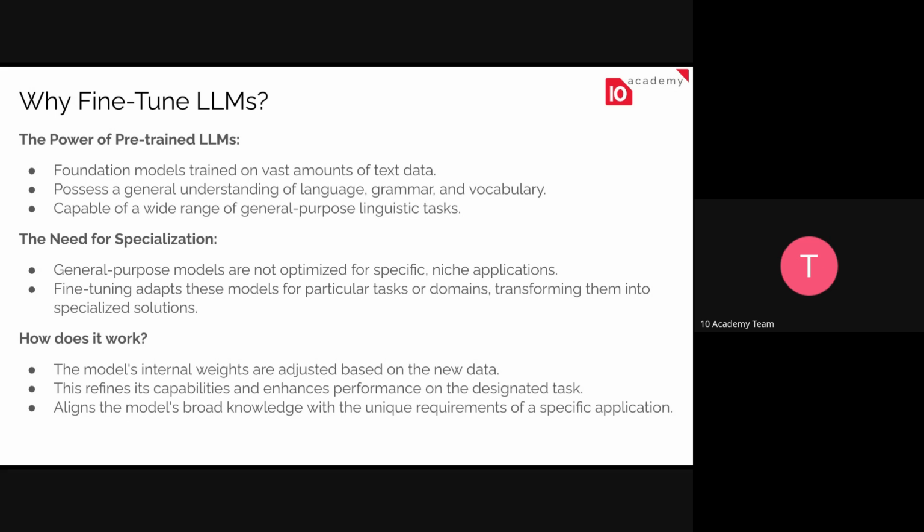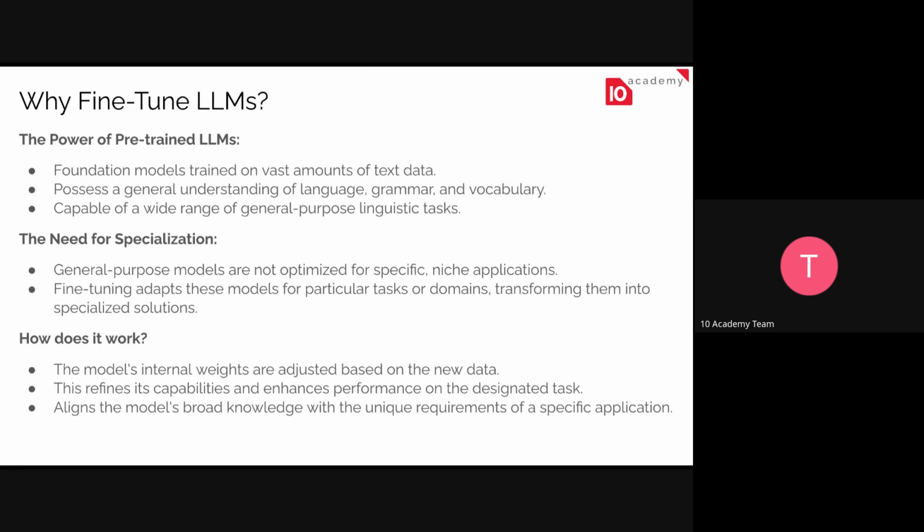They are capable of a wide range of general purpose linguistic tasks, but for our specific needs we need to fine tune them, because they are not optimized for specific or niche applications. Fine tuning adapts these models for particular tasks or domains, transforming them into specialized solutions.